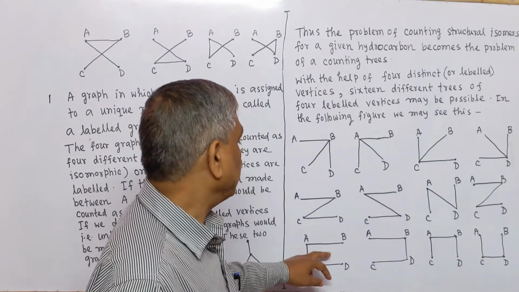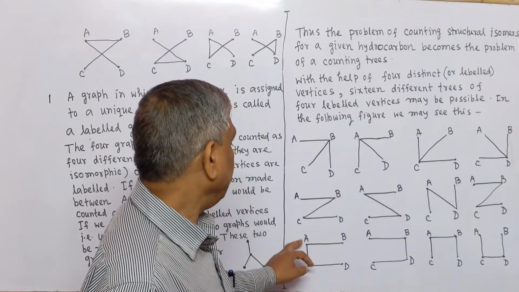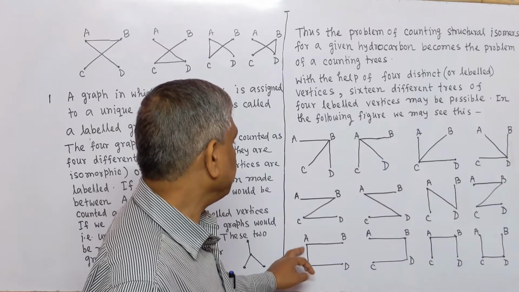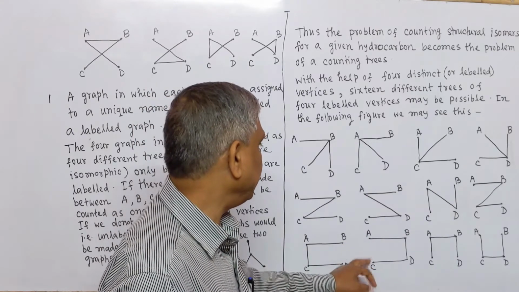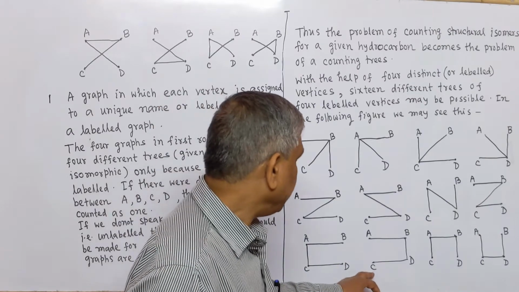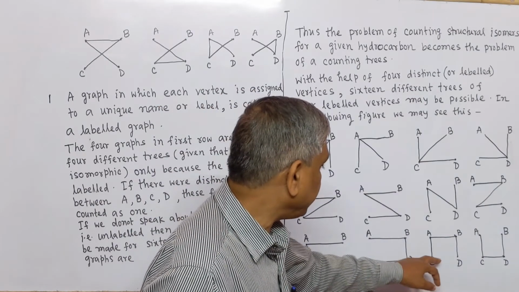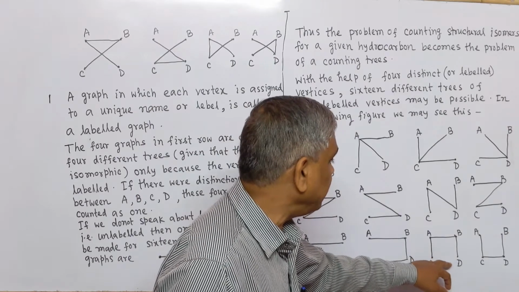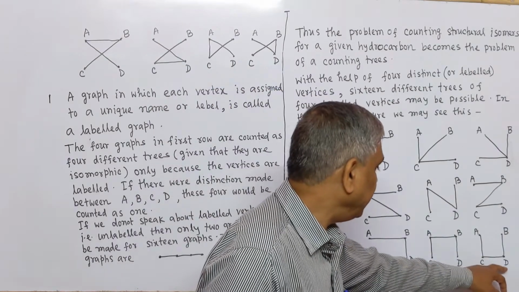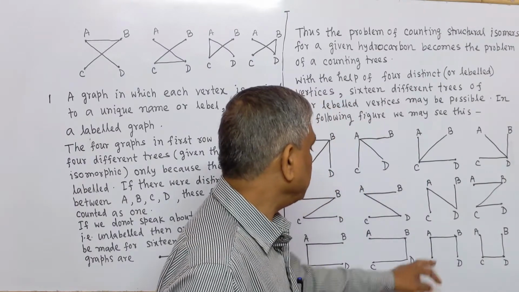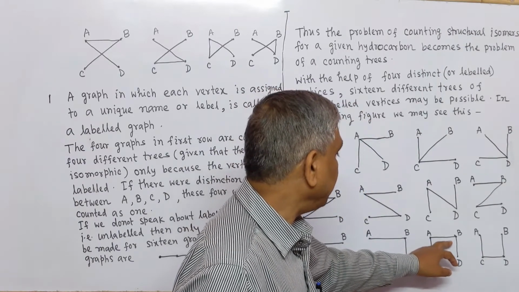In the third row, we see that A and C are connected. Here A and C are not connected. Here C and D are connected, but here C and D are not connected. Here C and D are connected. In this figure, A and B are connected.